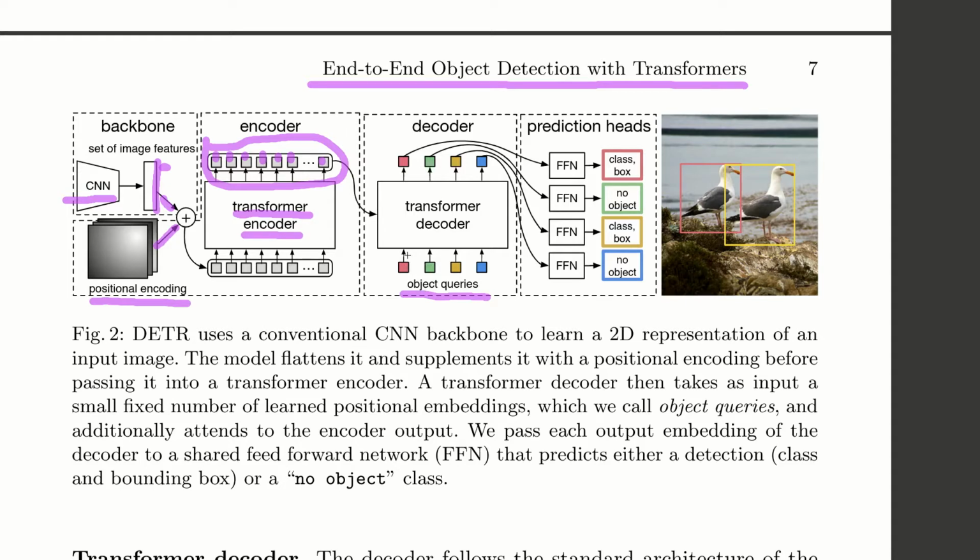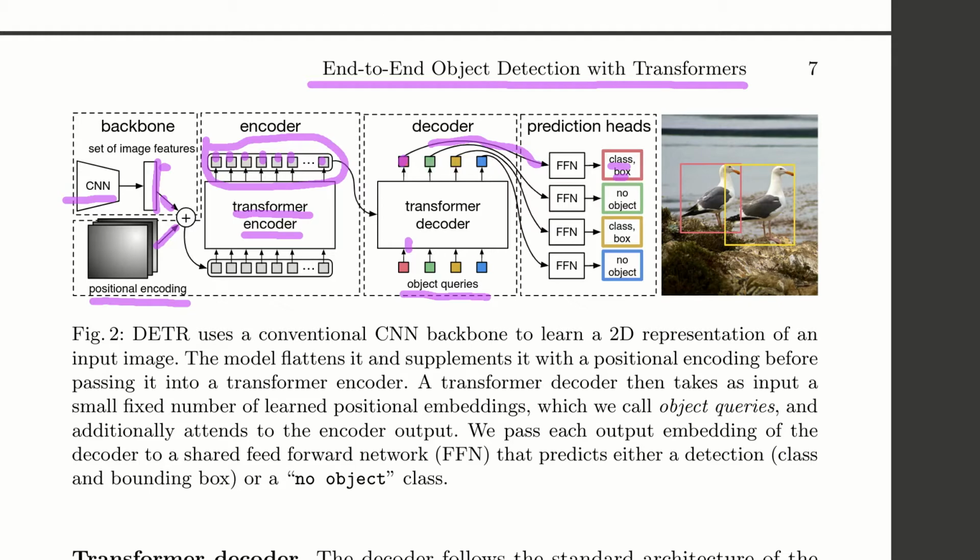And these object queries are querying the features from the values and keys from the left side, such that we get feature vectors out of that, which in this paper can directly be put into a feed-forward network to then create bounding boxes and their class.